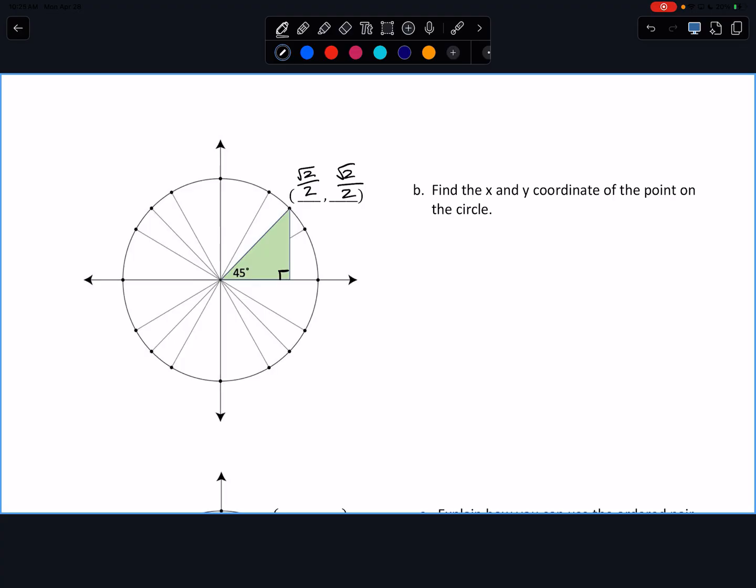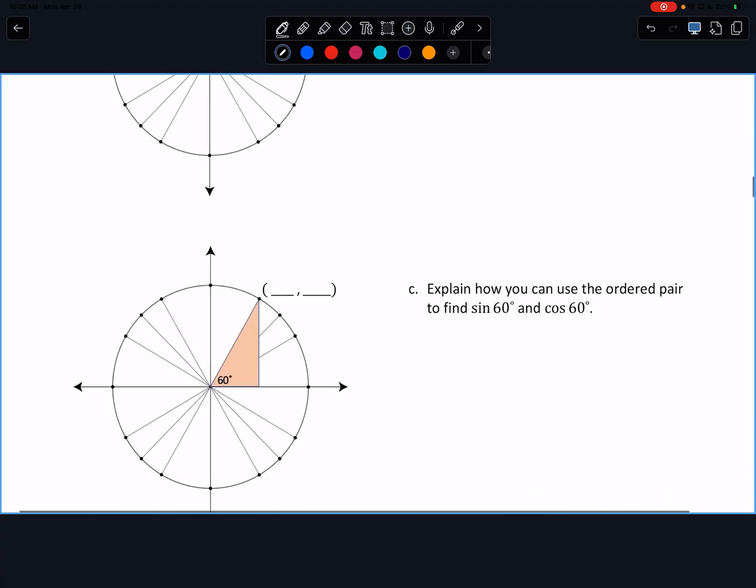Nicely done. That's it. And lastly, the 60. 1/2, square root of 3 over 2. Thank you, ma'am. Questions? Is it kind of cool to see it on the unit circle?